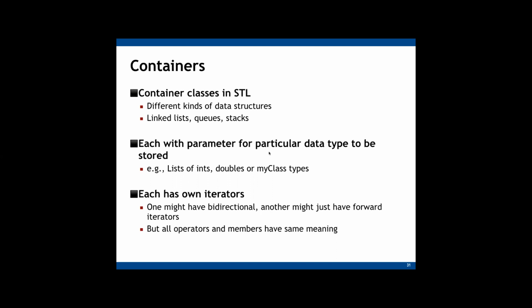And as we learned in the previous sessions, different container classes have different kinds of iterators. One might have a bidirectional iterator, another one might just have a forward iterator. So each container has its own iterator.